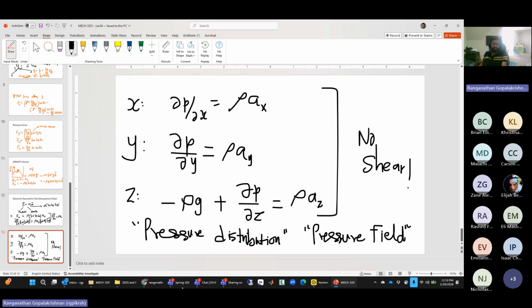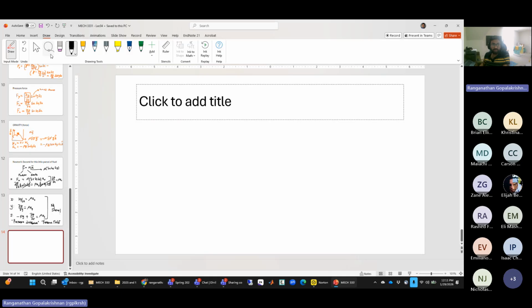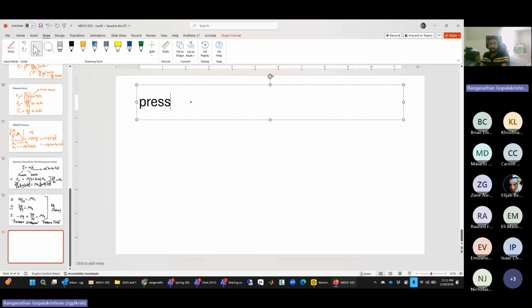Okay. So let's tidy this up a little bit. For those who are into vector notation, I can write that here. Pressure field in vector notation.